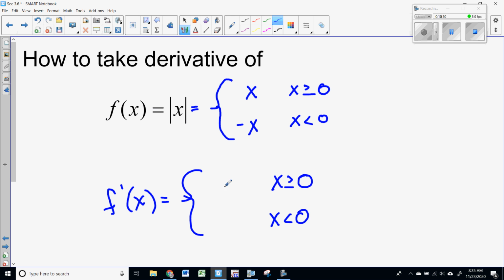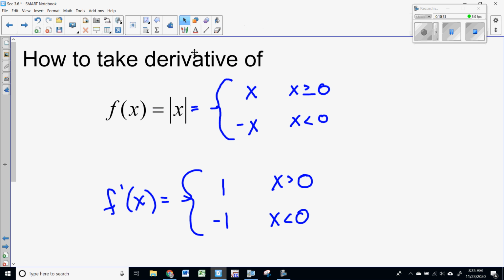And so our derivative for x is just 1. Our derivative for negative x is actually just negative 1. Now, we do have the issue of, is the derivative at 0? No, we've got to be careful on that.